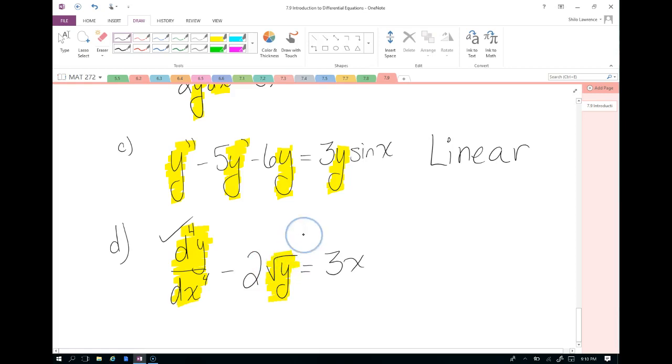Technically, square root of y, we can think of that as y to the 1/2 power. And linear means first power, means the exponent is 1, and a square root is a 1/2 power. So that's where this guy goes wrong. Because we have y inside of a square root, which is nonlinear, this entire differential equation is going to be nonlinear.